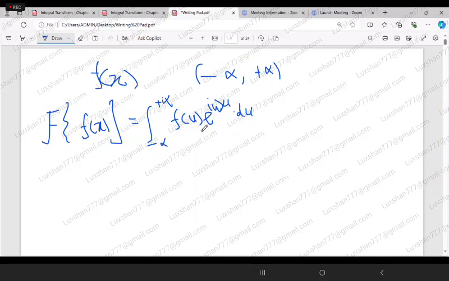Actually, here we are changing the variable, that's all. Use, and finally you will get this as a function, and we are denoting it as f bar omega. Okay.